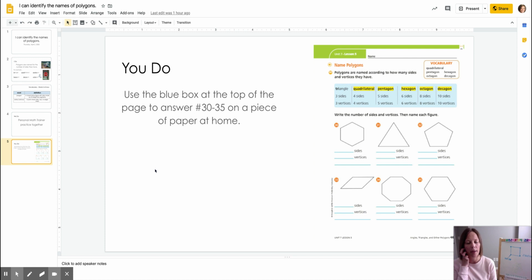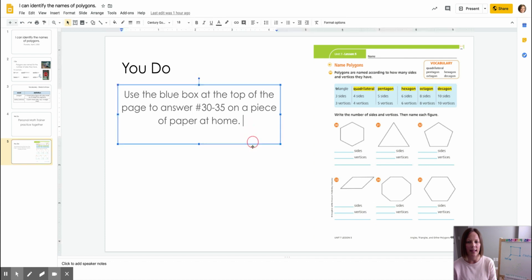Your job on a piece of notebook paper or scratch paper is to number your paper from number 30 all the way to number 35. And we would like you to write the number of sides that each polygon has, count up the number of vertices, and then name the polygon on the last line.